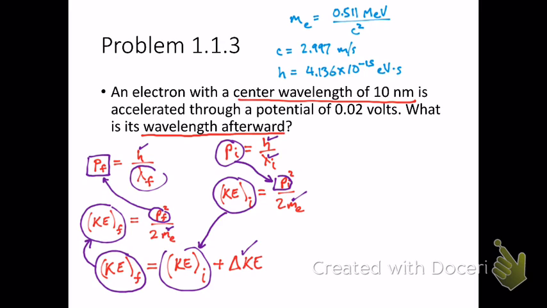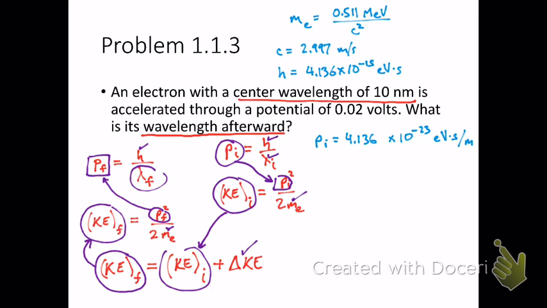And so we can just get at it here. We can do the math, and for the initial momentum, I get 4.136 times 10 to the minus 23rd, and the units are electron volt seconds per meter.